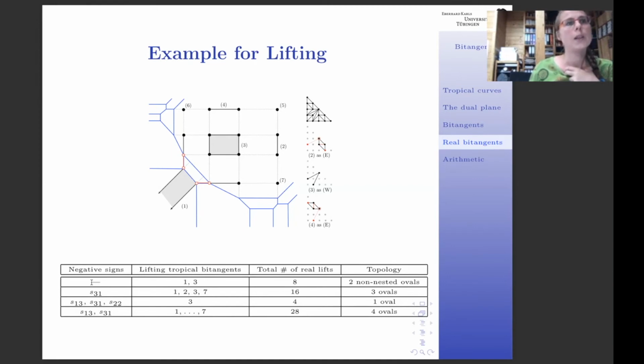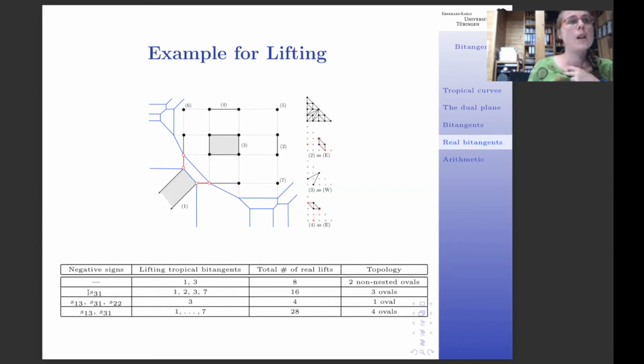So for example, in the first case, I can pick only positive signs. And then it will be the bitangent number 1 and number 3 that lift, this guy and this guy. This will have 4 lifts over the reals, and this will have 4 lifts over the reals. And so altogether, I will have 8 real bitangents. And all the others are going to have lifts which are complex but not real.